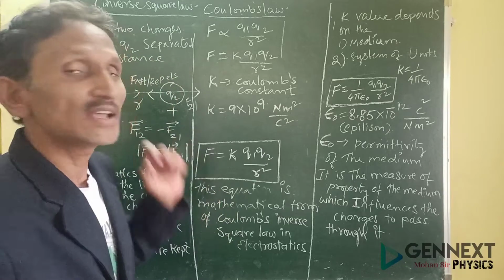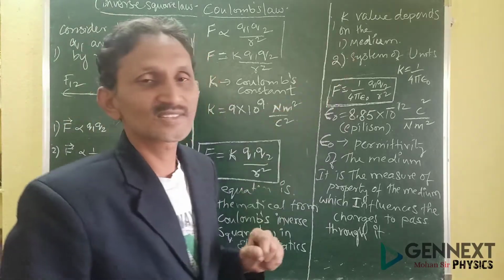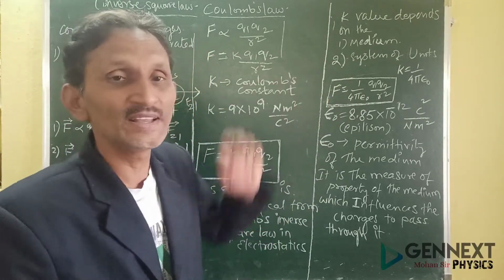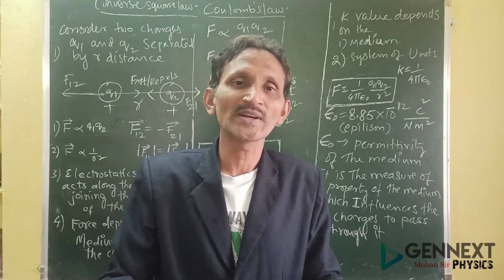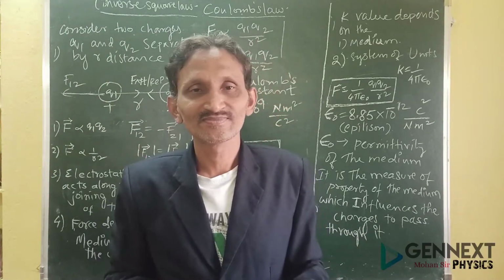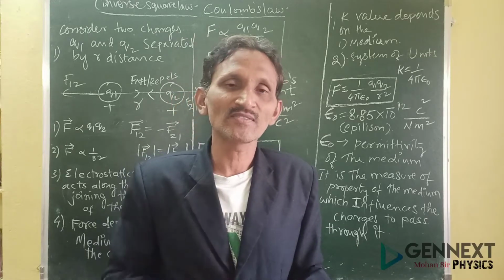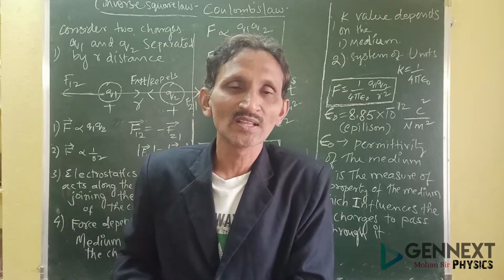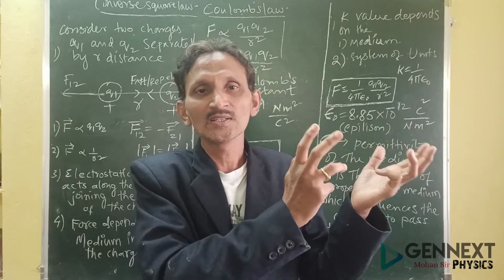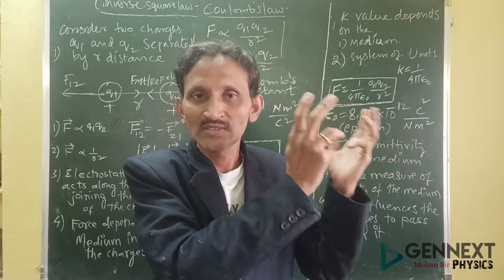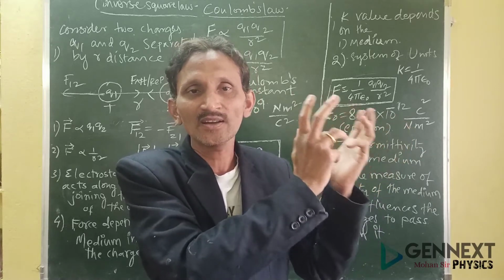Now the K value depends upon two factors. K value depends upon the medium. That means when you take the charges in some other medium, automatically the electrostatic force will be affected. Electrostatic force will be affected when you take the charges into the water. If you do the experiment, the electrostatic force will not be the same as for the charges at the same distance in the air or in the vacuum.